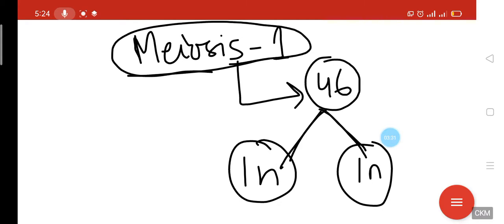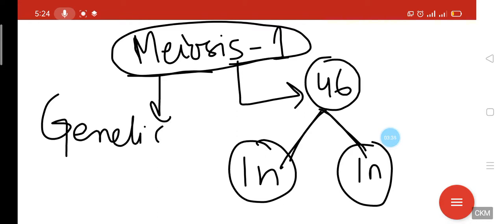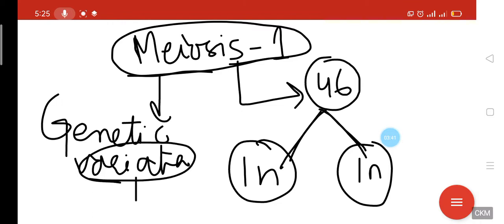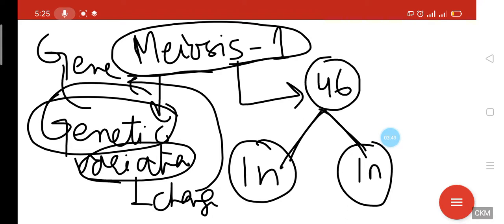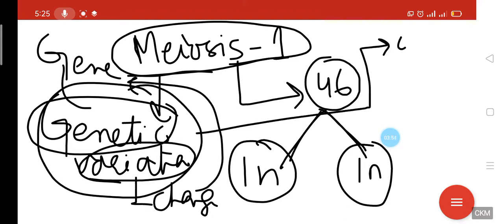Meiosis 1 is the step in which genetic variation occurs. What is genetic variation? Variation means change and genetics means in genes. So, a change in the genes is known as genetic variation, and the best example is you.